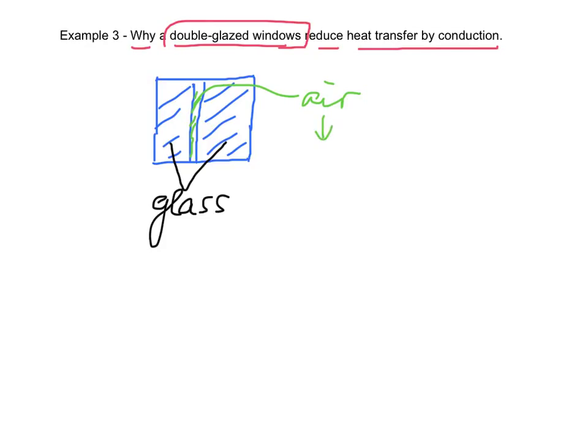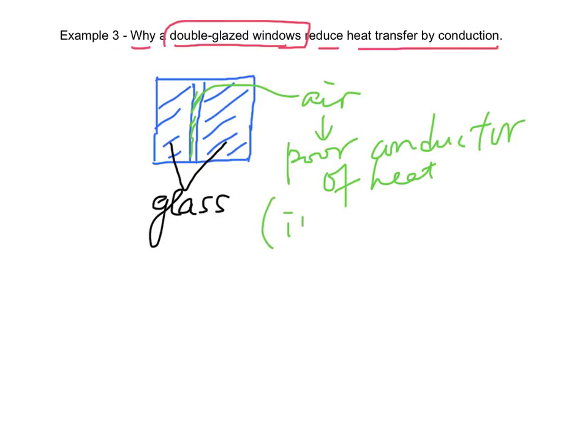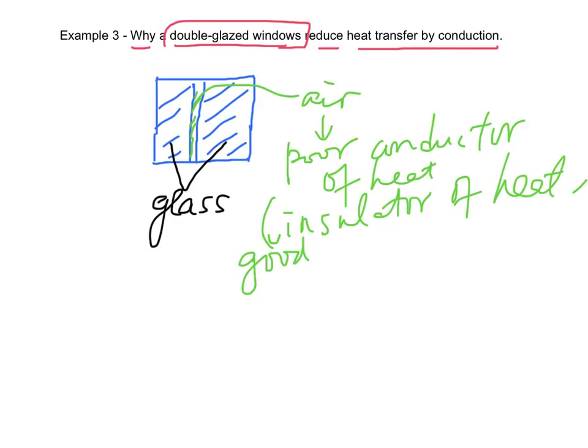Since air is a poor conductor of heat, or we say air is a good insulator of heat, therefore air reduces the heat transfer from the hot region to the cool region through conduction.